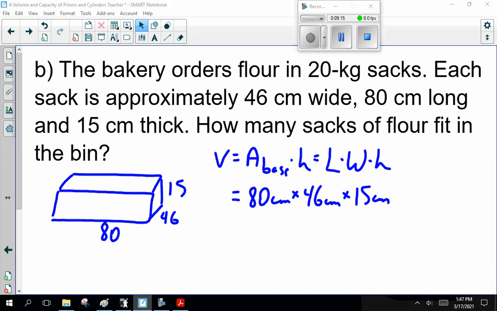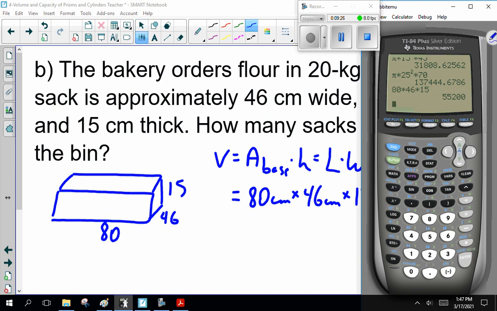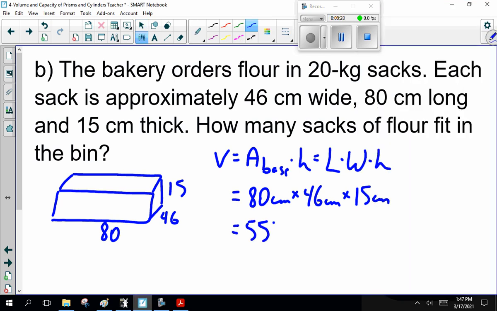Now I cannot do that in my head, but 80 times 46 times 15 is 55,200. That equals 1 sack.